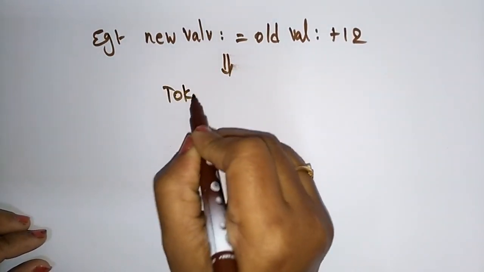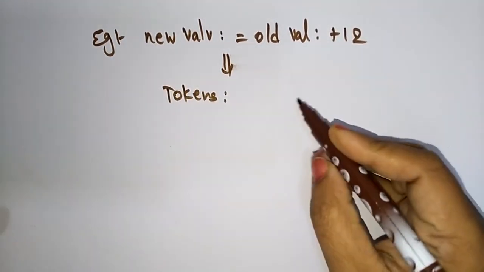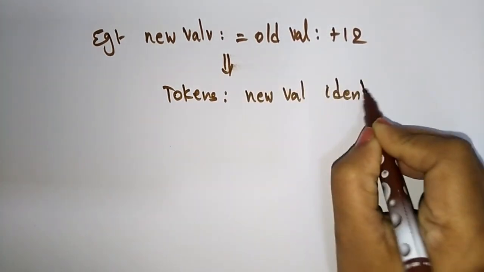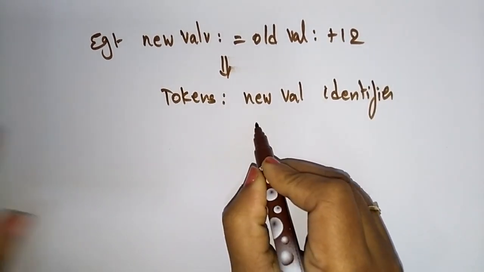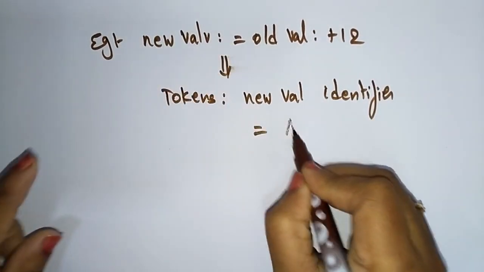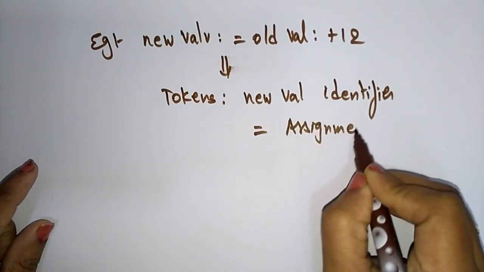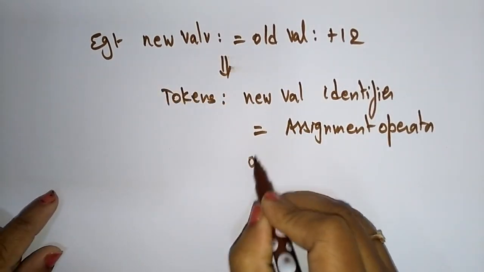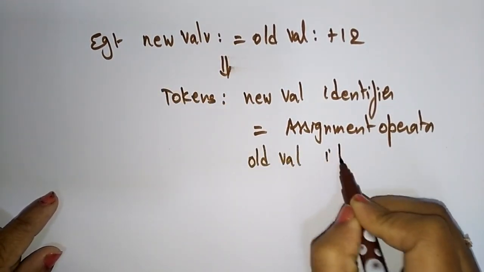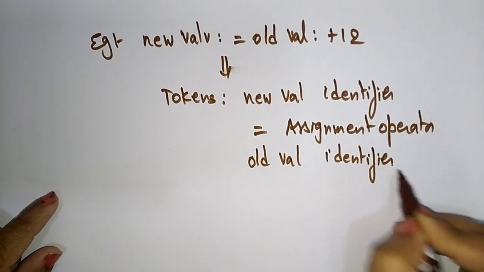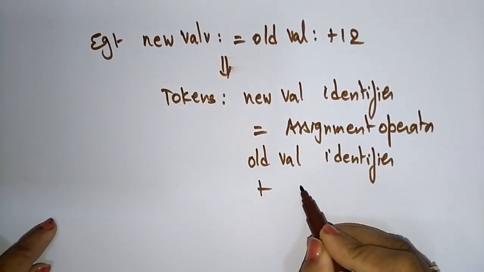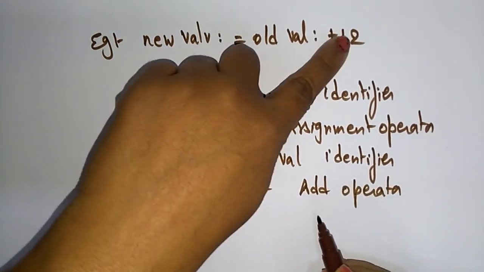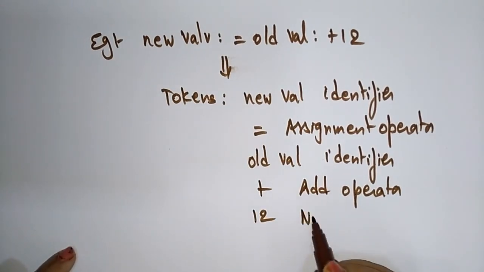New value is an identifier, equal to is a token called the assignment operator, old value is another identifier, plus is the add operator, and 12 is a number.